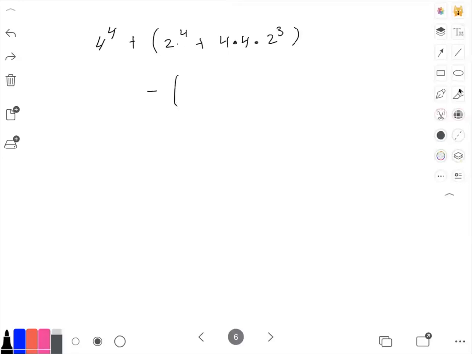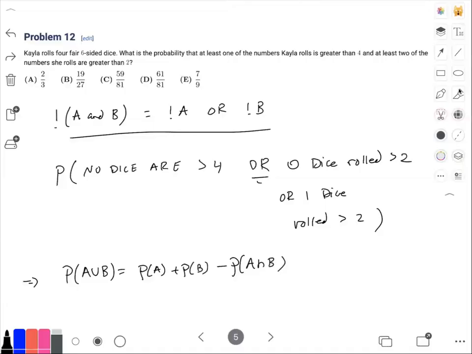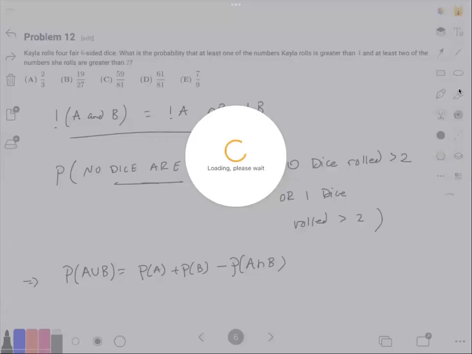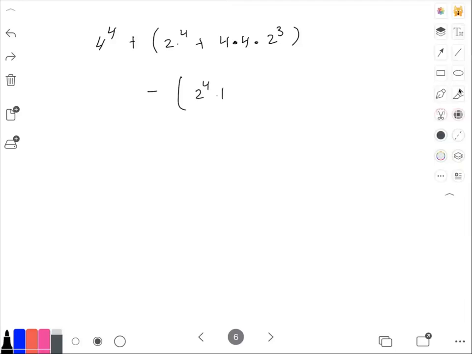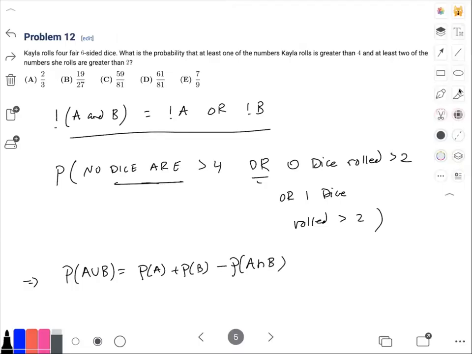Now all we need to do is calculate the AND part: the number of ways that no dice are greater than 4 and either 0 dice or 1 die rolled is greater than 2. For 0 dice greater than 2, each die is 1 or 2, which satisfies the first condition, so there are 2 to the 4 ways. Then for 1 die greater than 2, we can't have any die greater than 4.